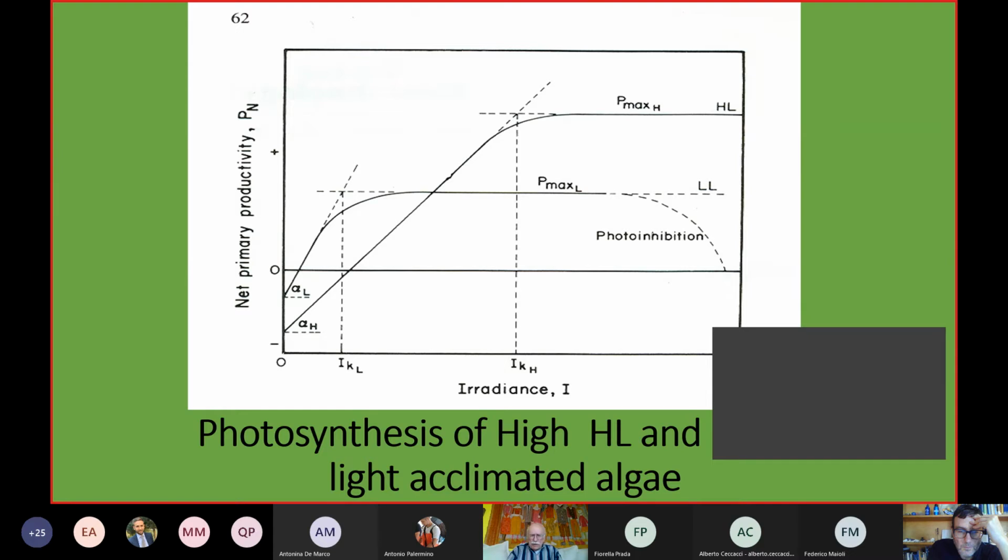So the steeper the slope, the higher the intensity, the higher the efficiency. The angle of that line is the efficiency of photosynthesis, what is called the quantum yield of photosynthesis. That is the product divided by the light.